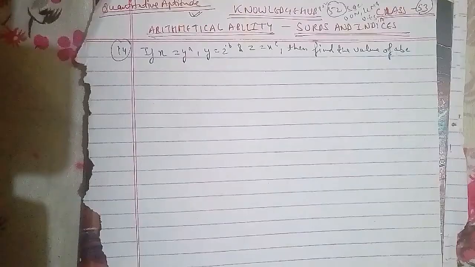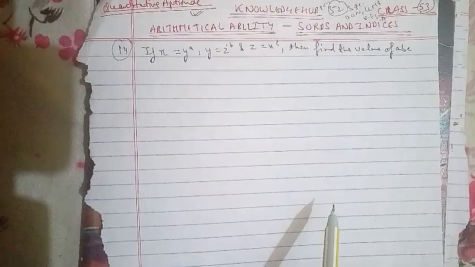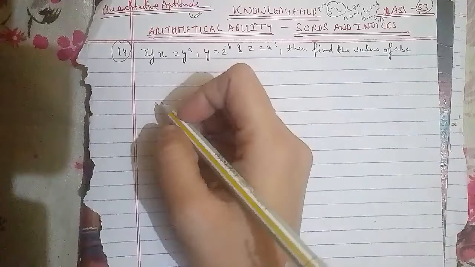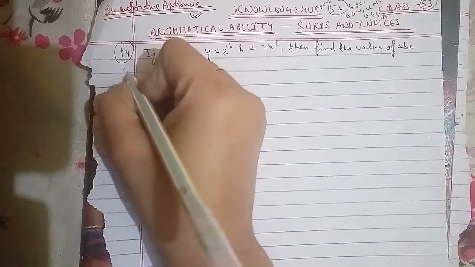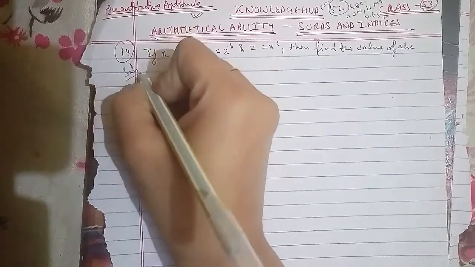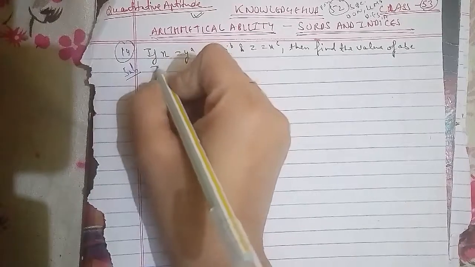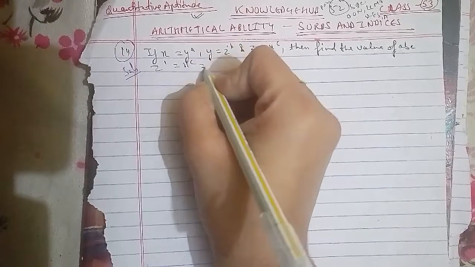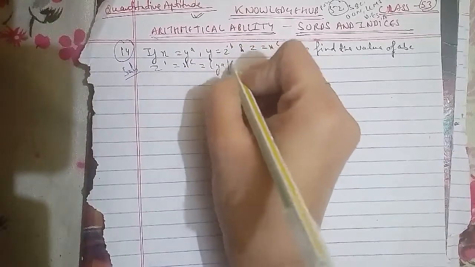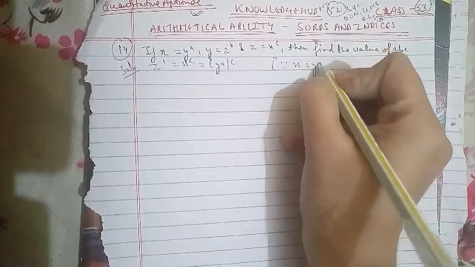We'll go ahead with the solution for the same. Let z equals x^c, which is y^(ac), so we can say that x equals y^a. For y, x^c equals z^(b ac), where we can say that y equals z^b.